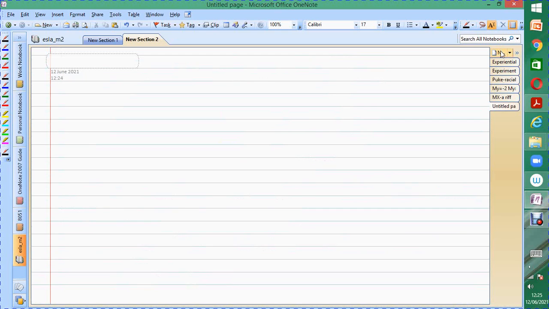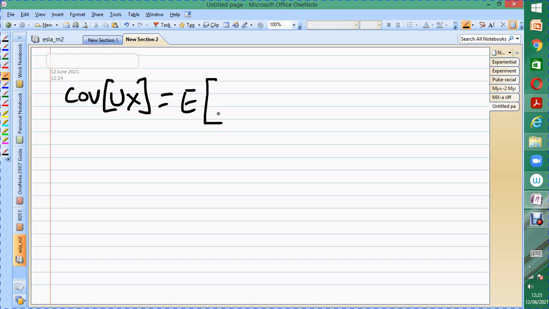Next, the parameter asked is to calculate covariance of ux. Covariance of ux is usually obtained by taking the expectation of u minus mu u into x minus mu x.